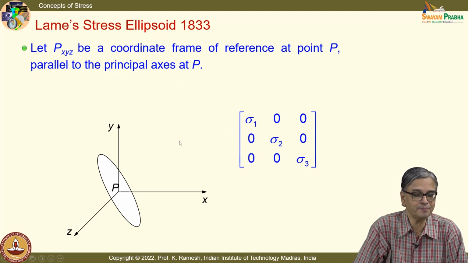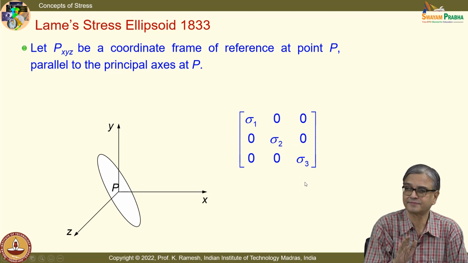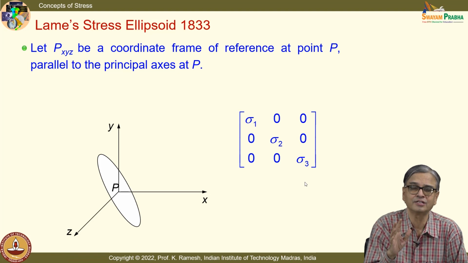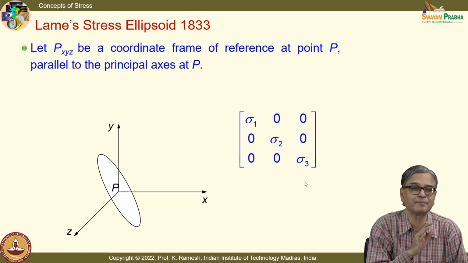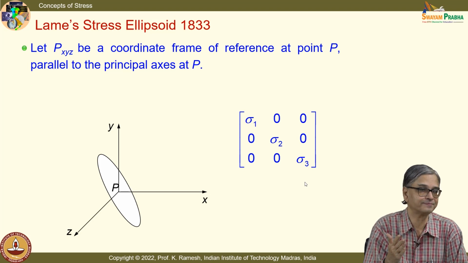All this is possible once you understand the representation of stress tensor in the form of principal stresses. That makes your life simple, and your stress tensor also has many zeros. So, any mathematical manipulations that I want to do can be done quickly.